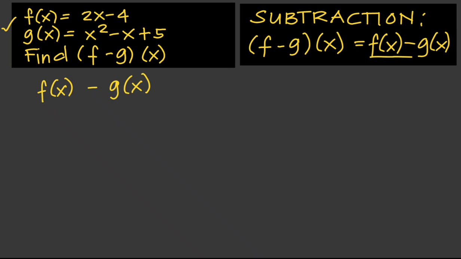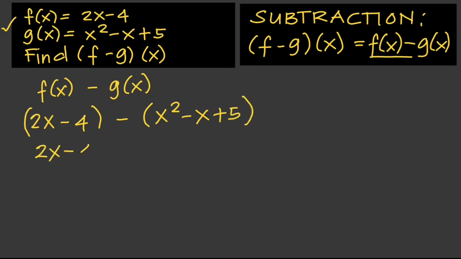All we have to do is replace f of x with its value, which is 2x minus 4, minus g of x, which is x squared minus x plus 5. Then we simplify. This is 2x minus 4 minus x squared, because we distribute the negative sign to the expression inside the parentheses, plus x minus 5.